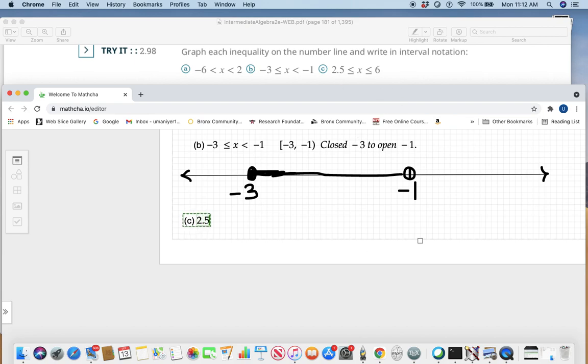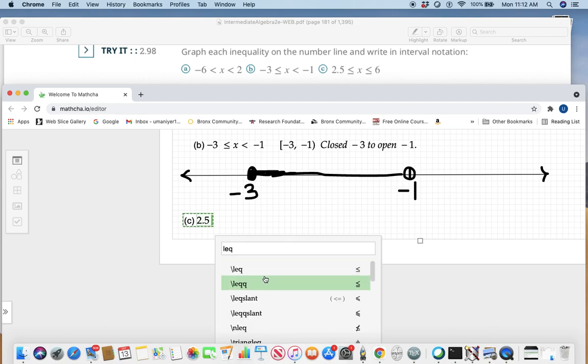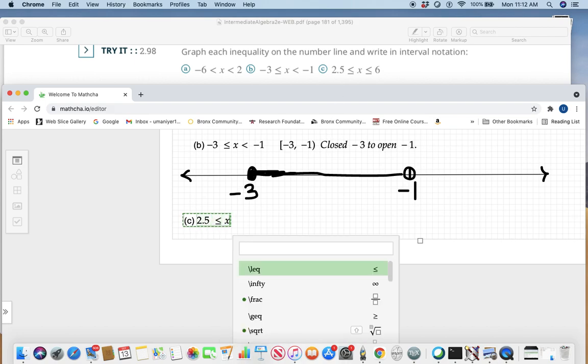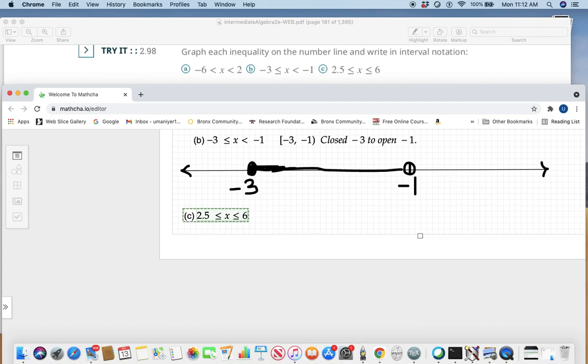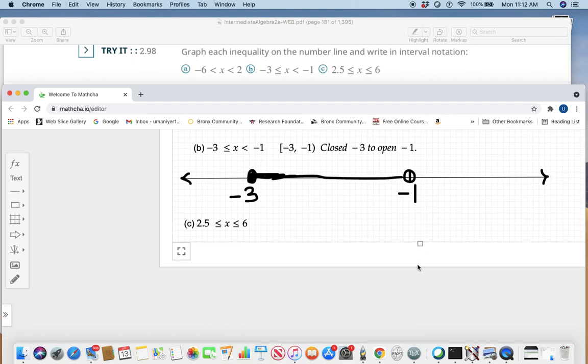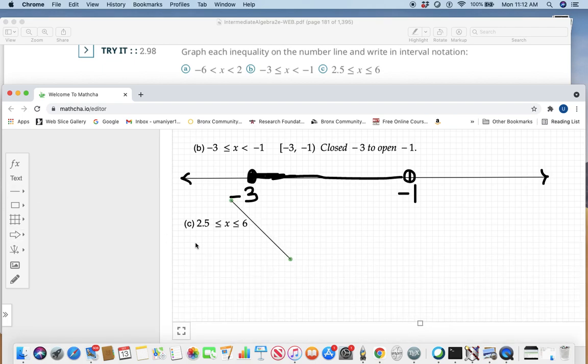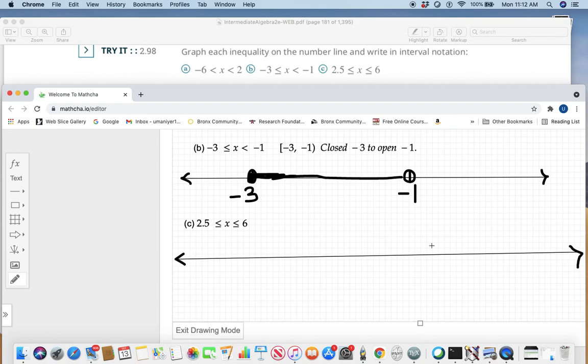2.5 less than or equal to x less than or equal to 6. So let's again draw a number line. 2.5 is to the left of 6.